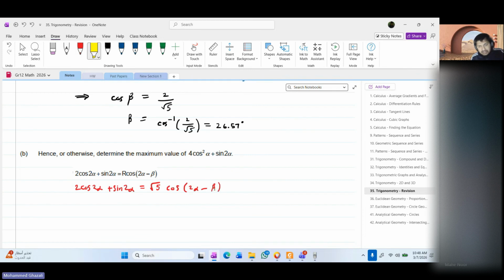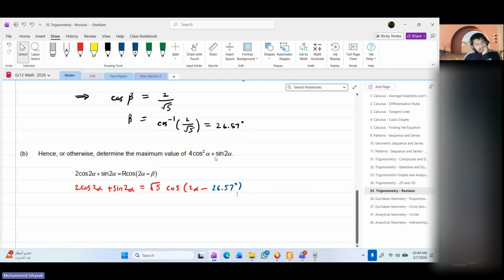Remember, the beta angle is already given, so I've substituted root 5 in there, and the beta angle is 26.57 degrees.